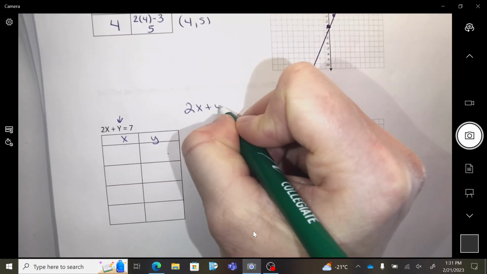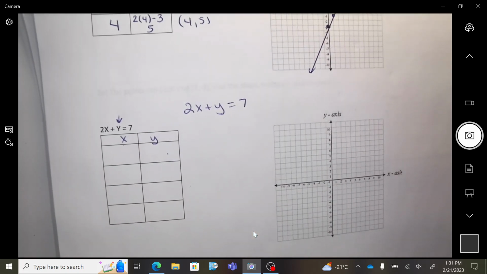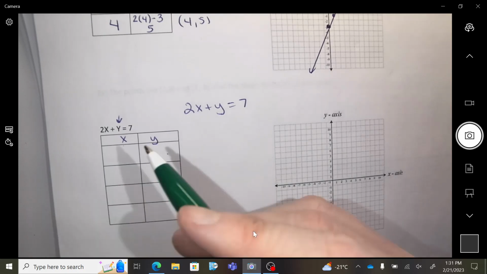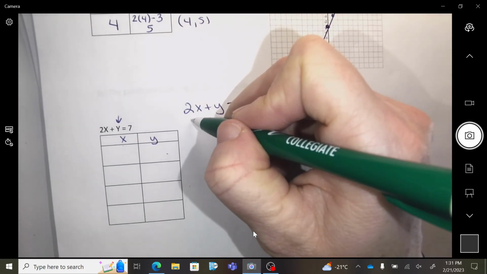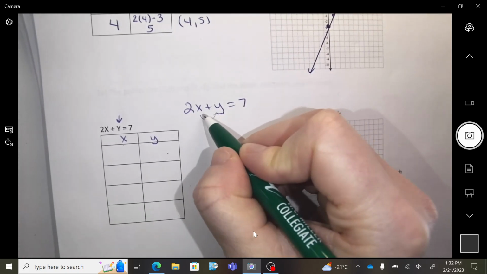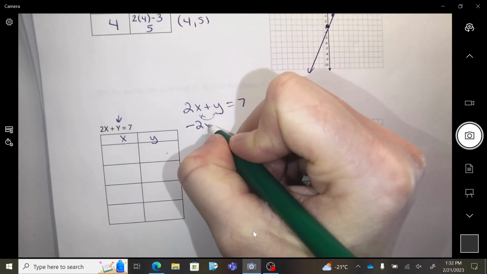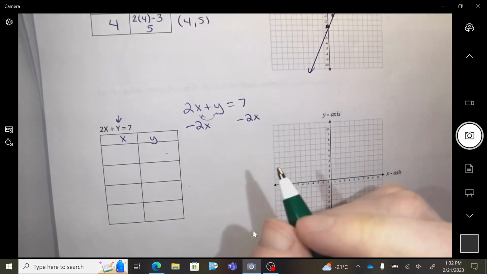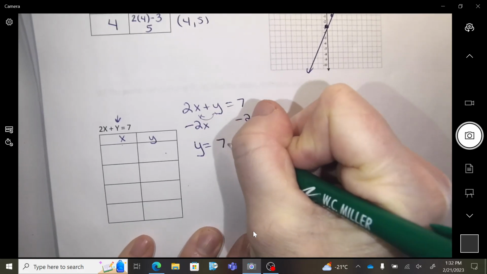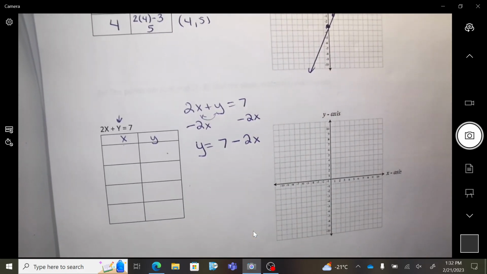Algebraically, how would I get that y alone? What operation connects that? What are those things doing together? Adding. So how would I get stuff out? If stuff is added, I would subtract it. So y equals 7, subtract 2x.